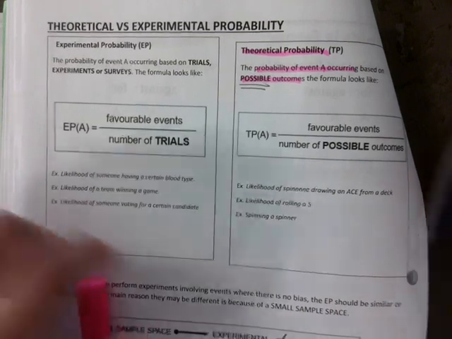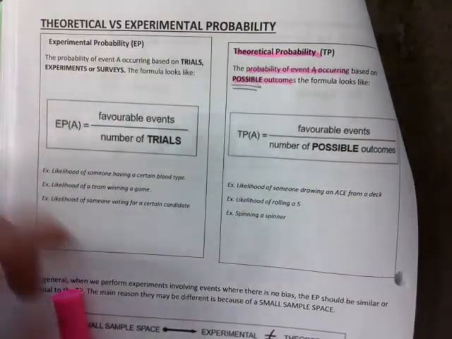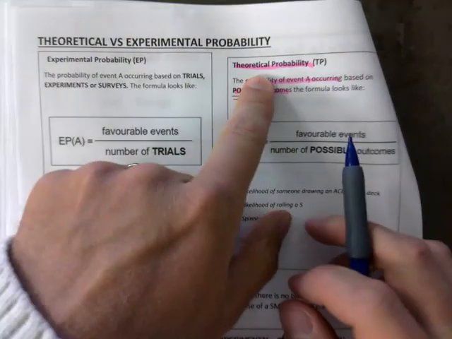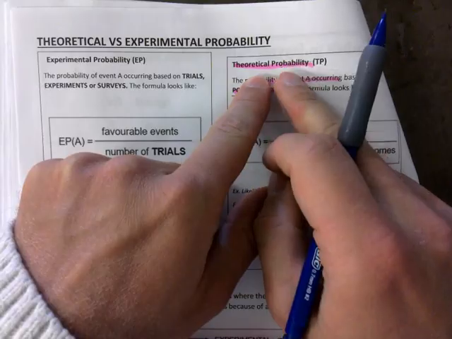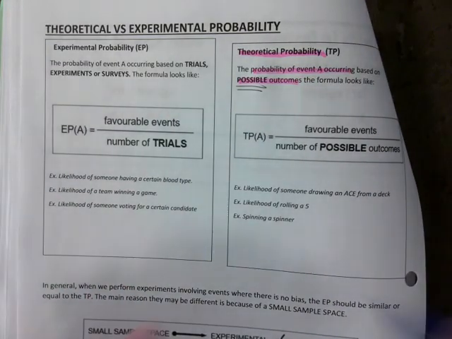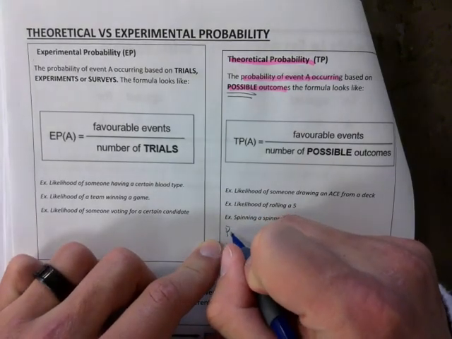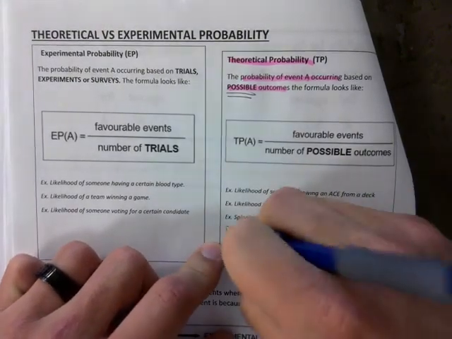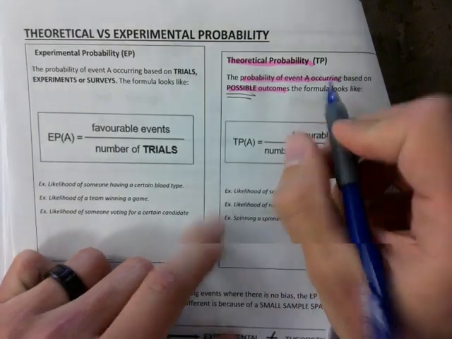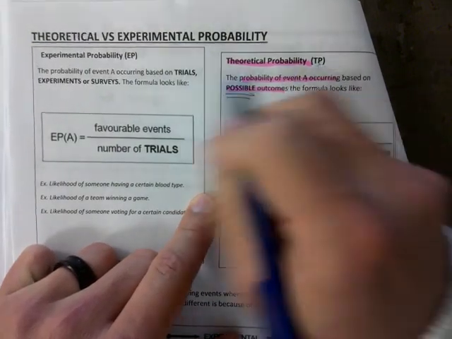right? So maybe I'll rewrite this here, right? A theoretical probability, which is what we've been dealing with, it's a prediction, right? It's not what actually happened. So I'll say theoretical, I'll use TP here, and EP.